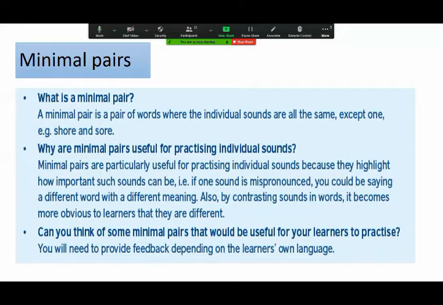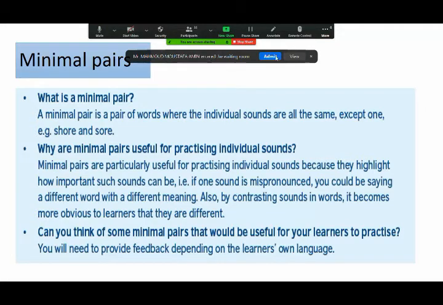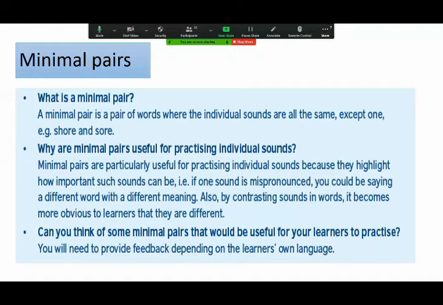Okay. So, let me give you an example. If you are having a conversation and you hear the word night instead of light, of course it's going to be a problem with communication, and you don't understand what I am saying.